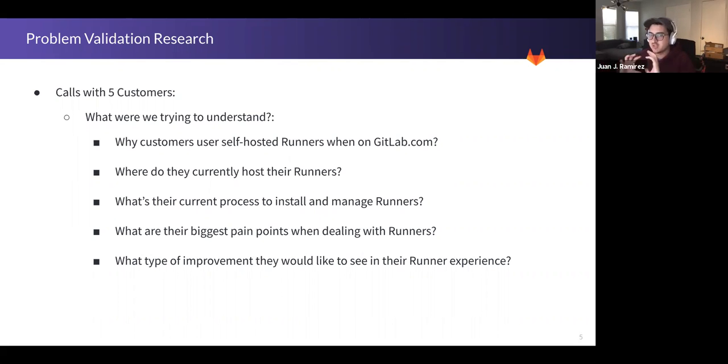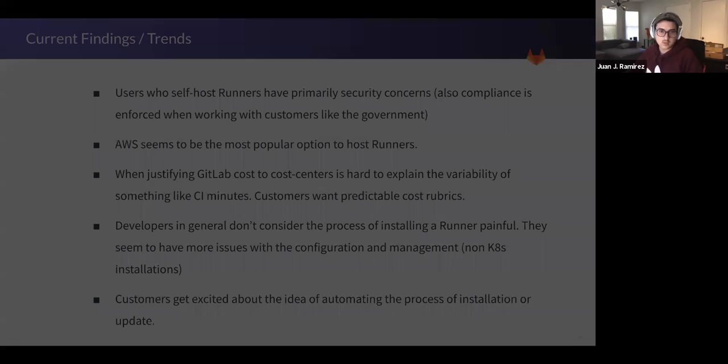There's an interesting angle to that. We also were interested in knowing where they are currently hosting the runners, what the process is for installing and managing the runners, and their biggest pain points when dealing with the runners. And of course, we wanted to see what their impressions are when it comes to improving the runner experience.